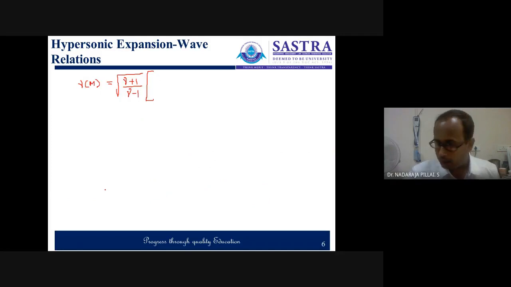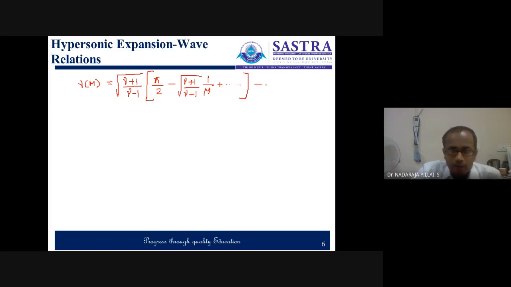Then here we can write pi by 2 minus root of (gamma plus 1) by (gamma minus 1) into 1 by M, and we can go further. We will come back to that point, minus tan inverse of M.